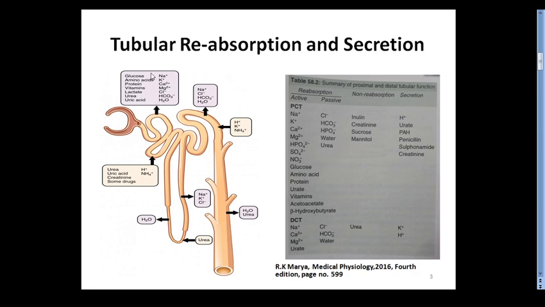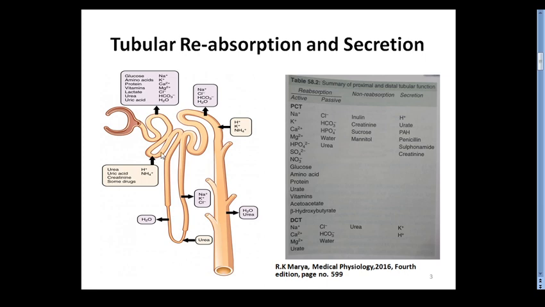Among these, glucose, amino acids, proteins and vitamins get reabsorbed 100%, whereas other substances like these ions, water, urea and uric acid also get reabsorbed maximally but not completely, and the remainder is excreted out into the urine.